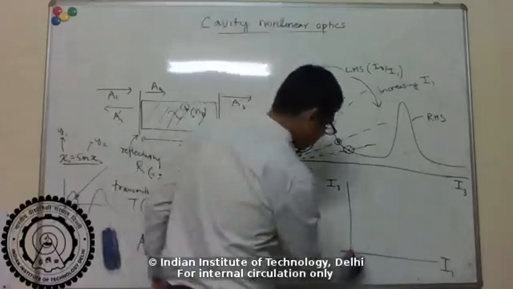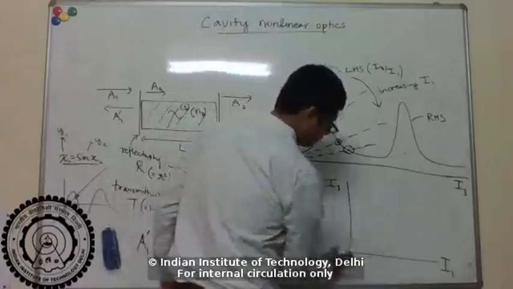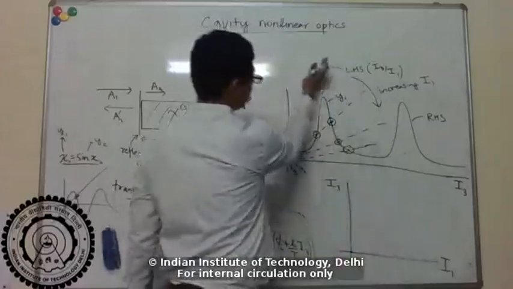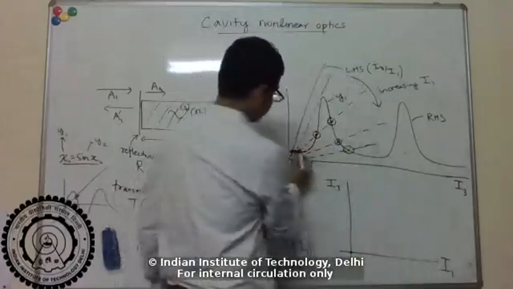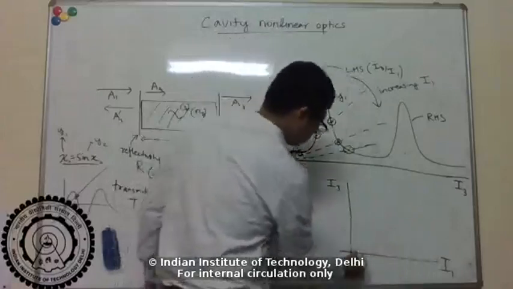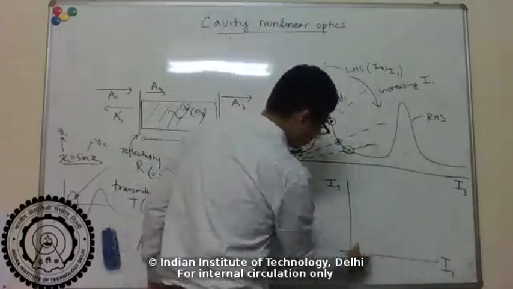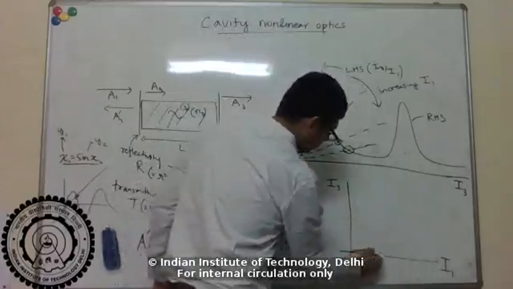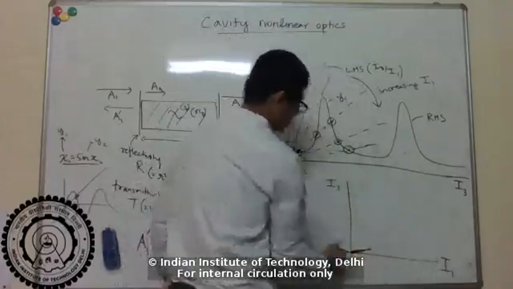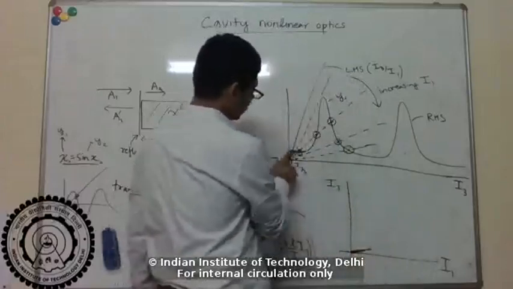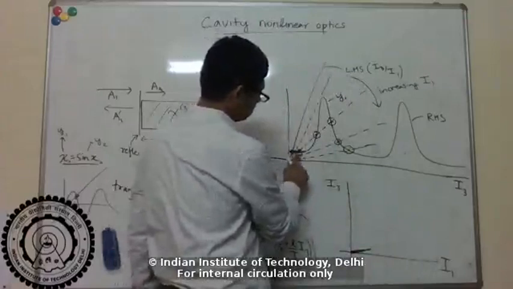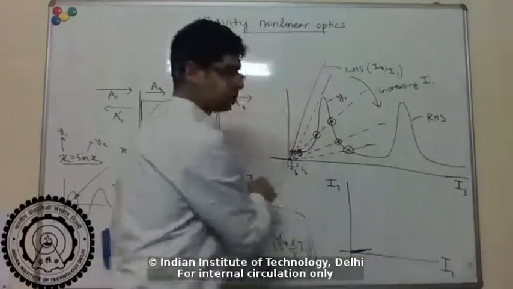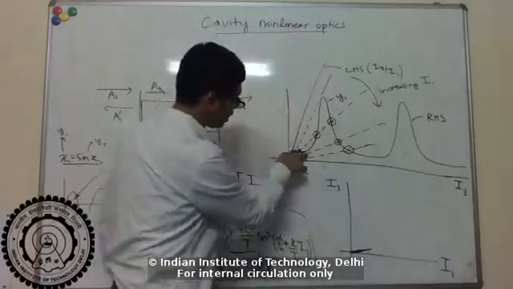So I start from here at I1, and I'm increasing I1. As I'm increasing I1, this slope is decreasing. So initially for some range, I'm getting only one solution, so I plot the solution here, I3. I'm getting something like this. So I3 is slowly increasing as I'm increasing I1. This intersection point is slowly moving forward.